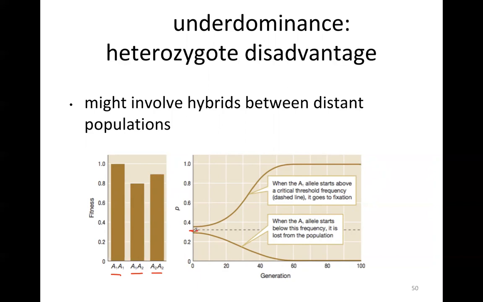If the system is pushed in one way, if one of the alleles is at higher frequency, it will move in that direction. If the system is pushed slightly in the other direction, if the other allele becomes more frequent, it will move in the other direction, and the end result will be loss of one of the alleles and fixation of the alternative allele.